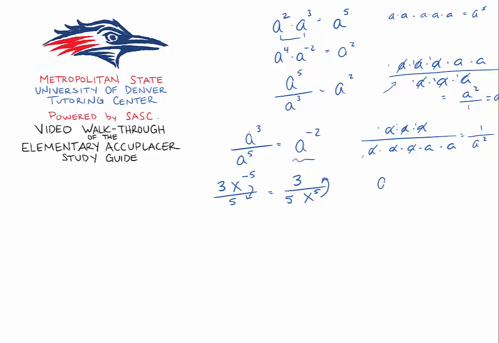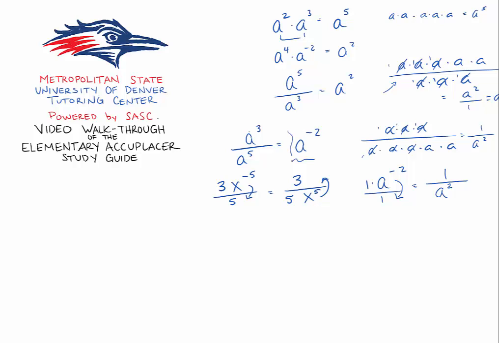And so if I look at the a to the negative 2, well, I could say that's 1 times a to the negative 2 because that doesn't change anything. I could divide that by 1 too because that doesn't change anything. And now I'm moving this a to the bottom so that I have a 1 left on top, and really I have a 1 on the bottom. I'm not going to write that, because 1 times anything is itself. So I just write the a, and then I change the sign on the exponent so it becomes a positive 2, right?